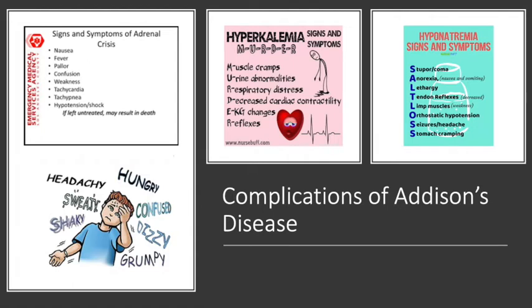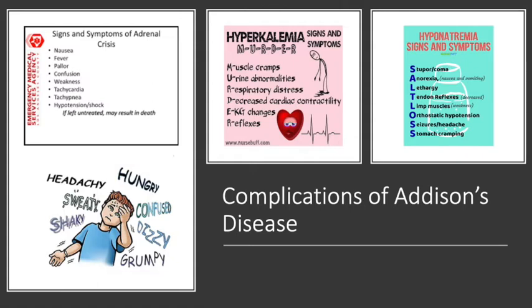Some signs and symptoms of Addisonian crisis are nausea, fever, pallor, confusion, weakness, tachycardia, tachypnea, and hypotension and shock. If an Addisonian crisis is left untreated, death may result, which is why prompt treatment is needed for a patient that presents with this condition.